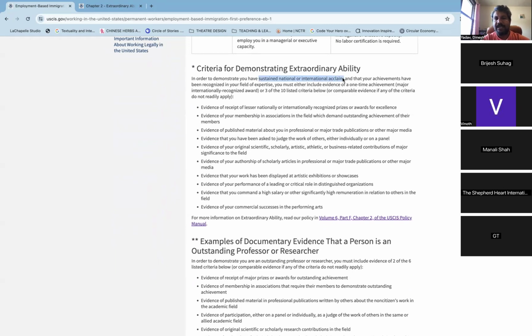Sustained national or international acclaim means that in the area in which you are filing, and when you say area, that is your expertise. So in my case, I filed in the artistic category, but within the artistic category, my specialization is design, and within design, my specialization is theater design.